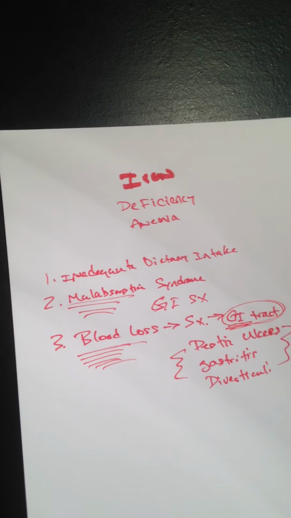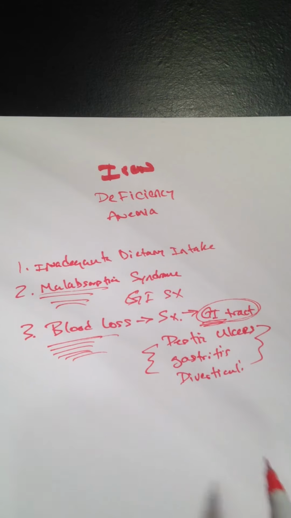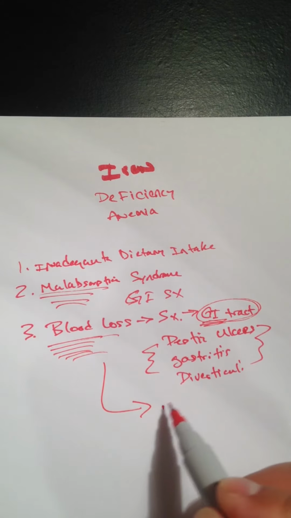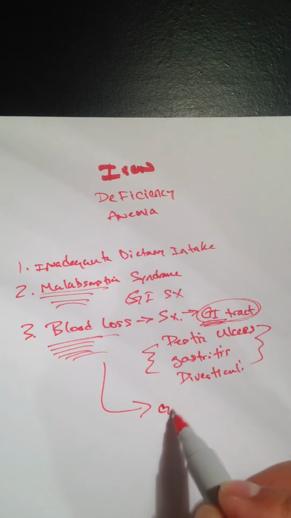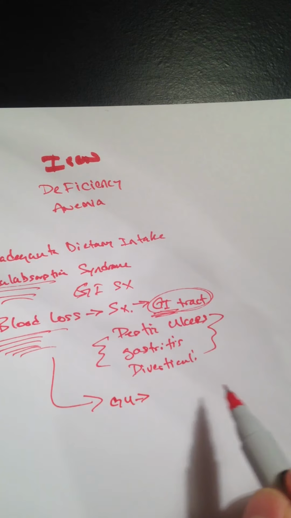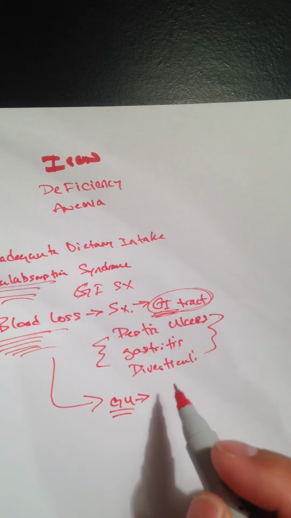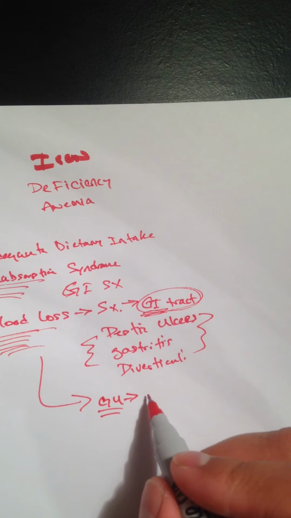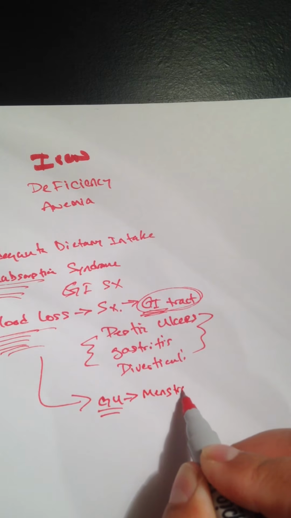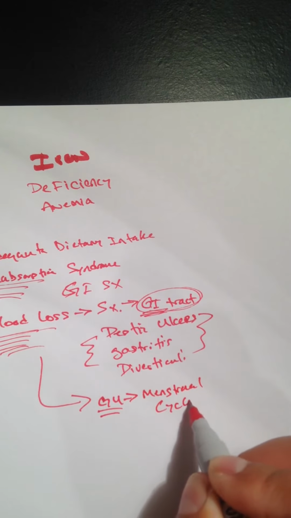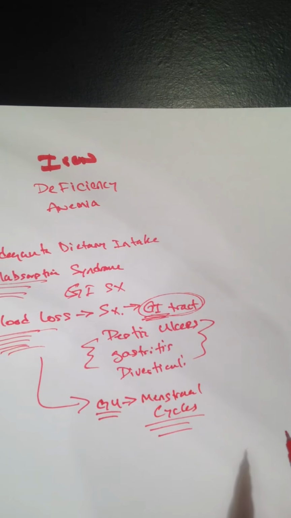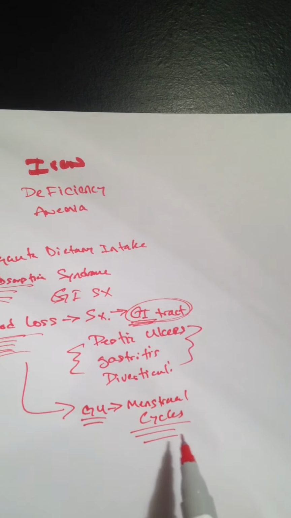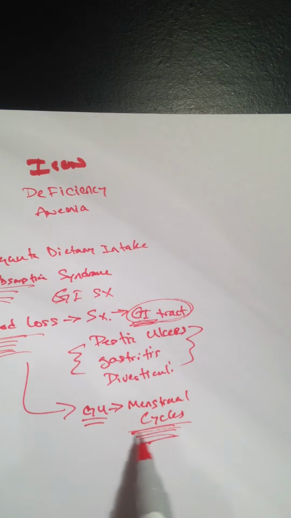Now, for women, another form of blood loss would be through the genitourinary, or GU. And so this would be more important with, for example, periods during menstrual cycles. So you'd ask your patient, are they having any problems with their menstrual cycles?